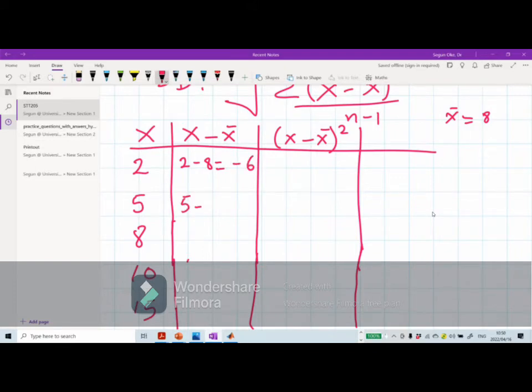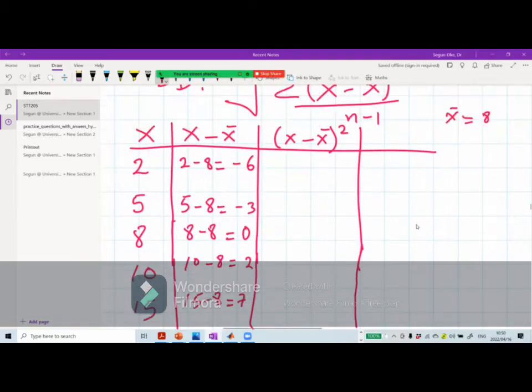Then 5 minus 8 is minus 3. 8 minus 8 is 0. 10 minus 8 is 2. Then 15 minus 8 is 7. Any question? No, sir.